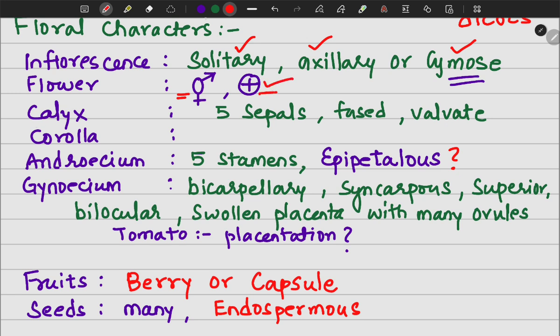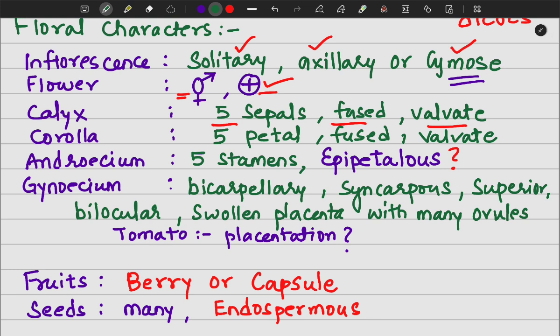If we talk about the calyx, then the sepals are 5 and they are fused, meaning they are gamosepalous, and they show valvate aestivation. Similarly, the corolla has 5 petals, also fused, and they also show valvate aestivation. So the characteristics of calyx and corolla are quite similar. They are 5 in number, they are fused and aestivation is valvate.